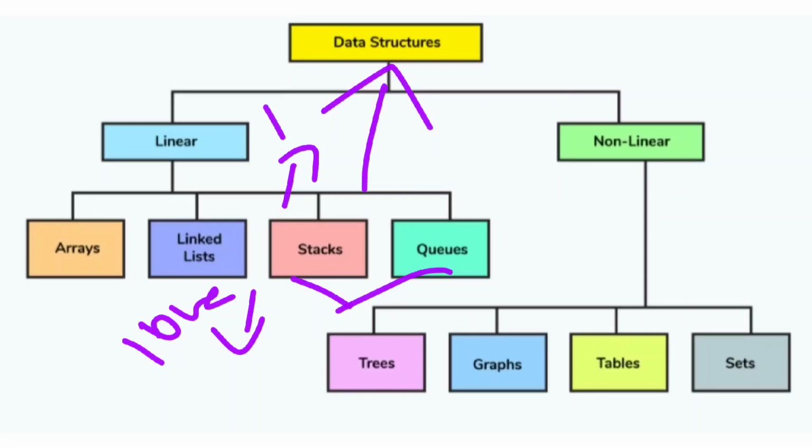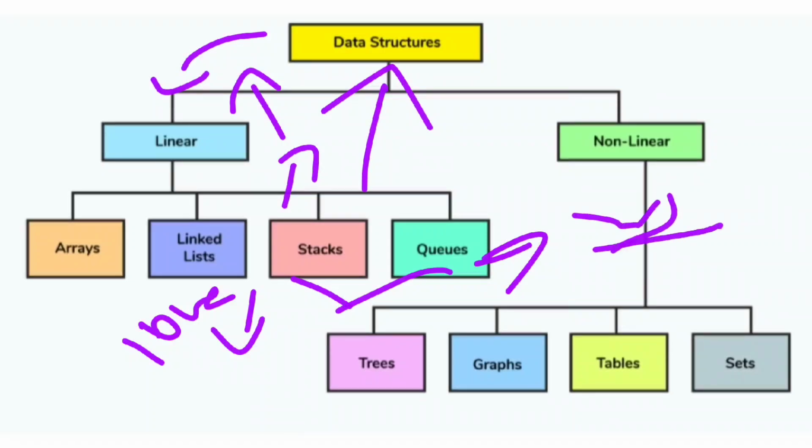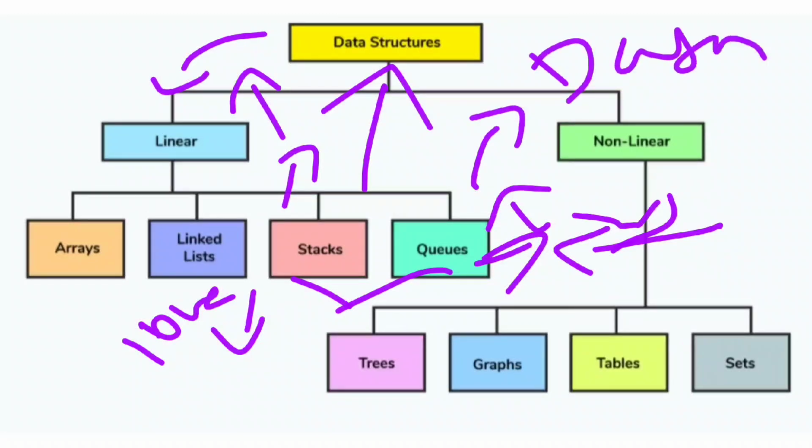One person should go first, then only the next person can go. Any other person can't go in between, right? But in the queue concept there is no line. So if you go, you can meet the persons directly and get the data quickly. That is the benefit of the queue concept.